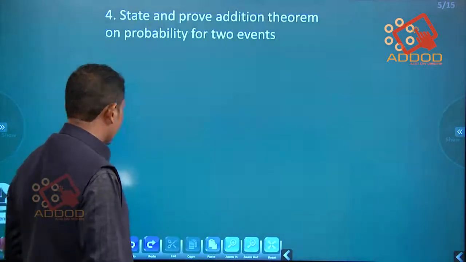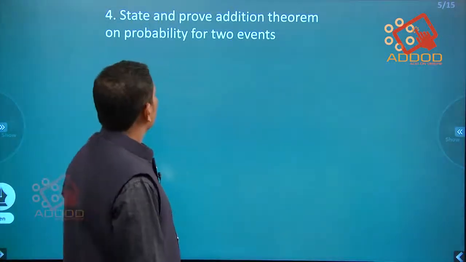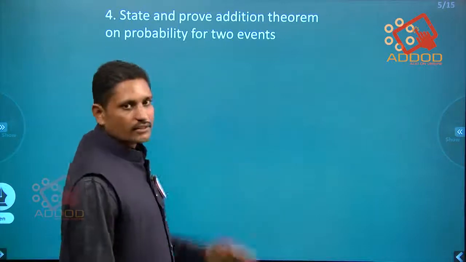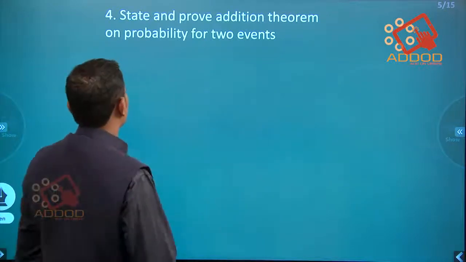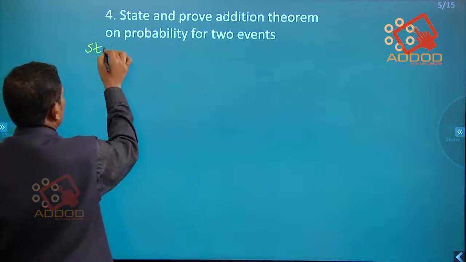Now go to the next question, which is asking to state and prove the addition theorem on probability for two events. First I can write the statement.